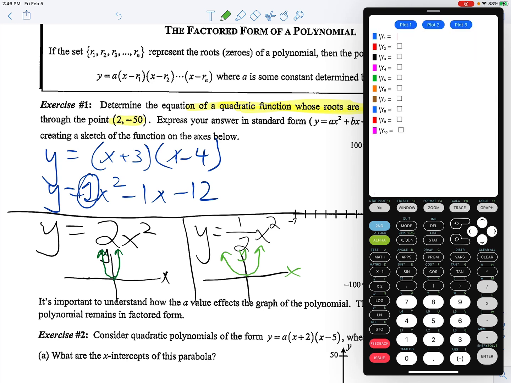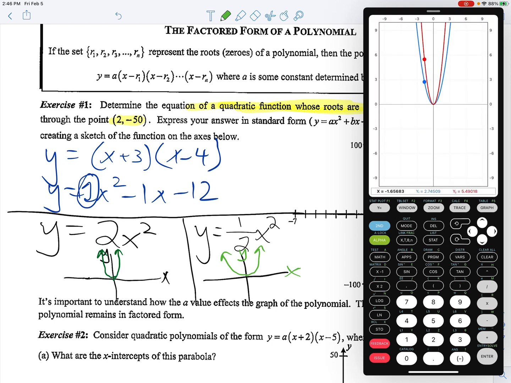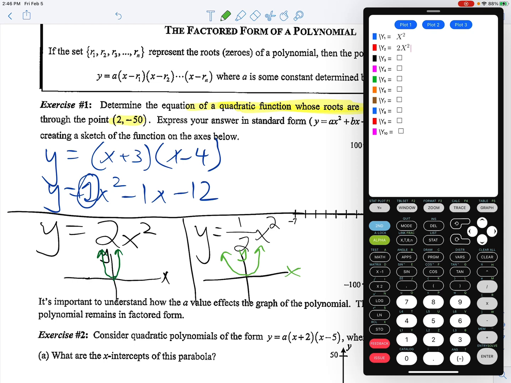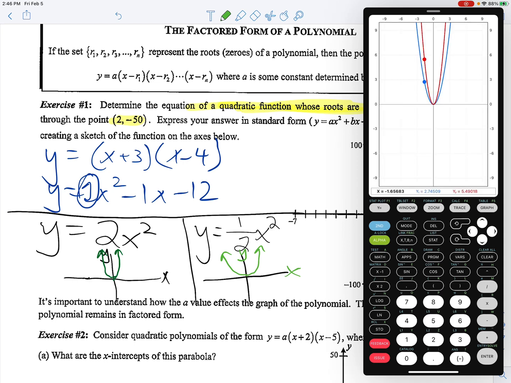Let's see if I can get the calculator up here. Okay, so let's take a look at y equals x squared first, your standard, and then we'll take a look at 2x squared. The blue is x squared, and the red is 2x squared.